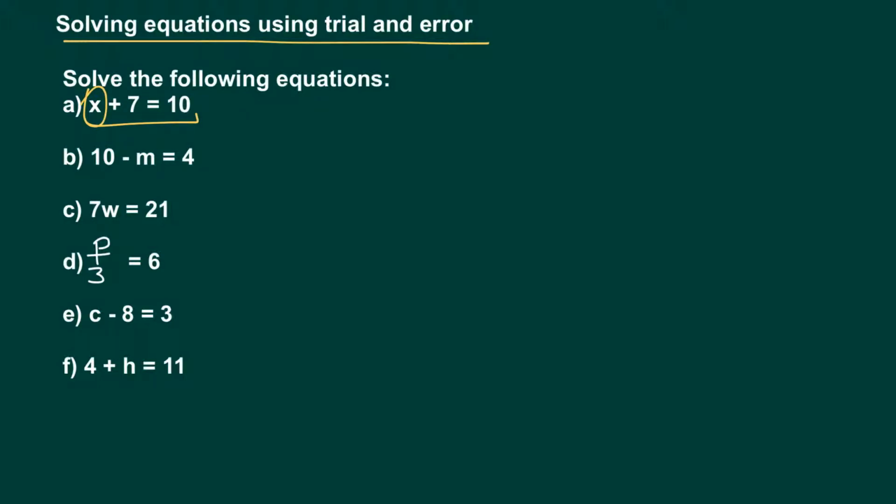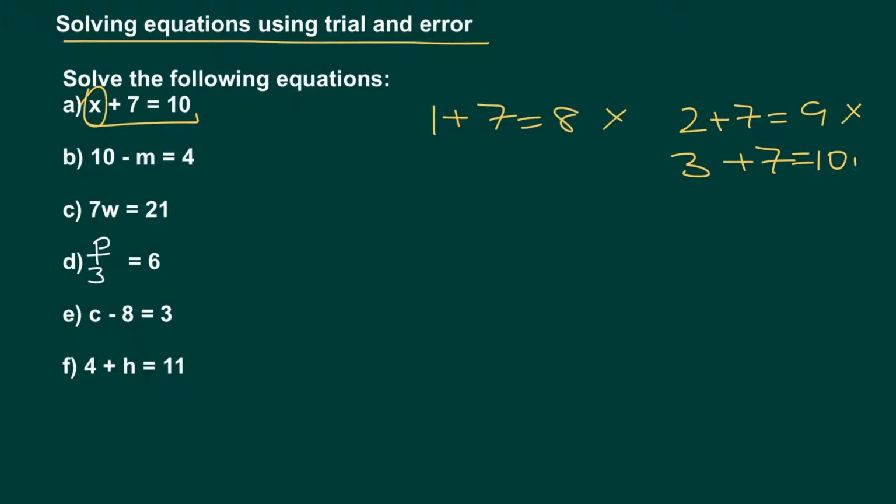So let's think of numbers that when we add 7 to them will give us 10. 1 plus 7 gives us 8, so that doesn't work. 2 plus 7 gives us 9, again doesn't work. 3 plus 7 gives us 10, which does work. So x is equal to the number 3. Again, we're just going through a trial and error method to find the answers for these unknown variables.